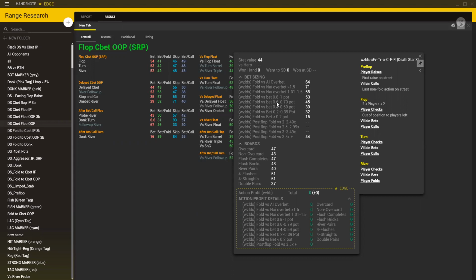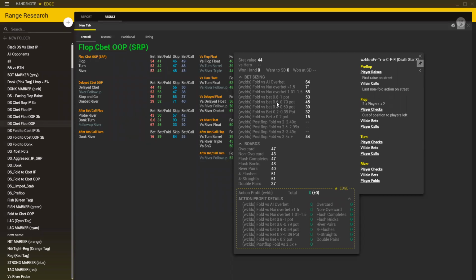And once again, we see things a little bit inverted here in the sense that we get used to the idea that we want draws to brick on the river. Generally that is true when we're the PFR, but it's not always true when we're the cold caller. So notice here, when the flush completes, we actually generate more fold equity.